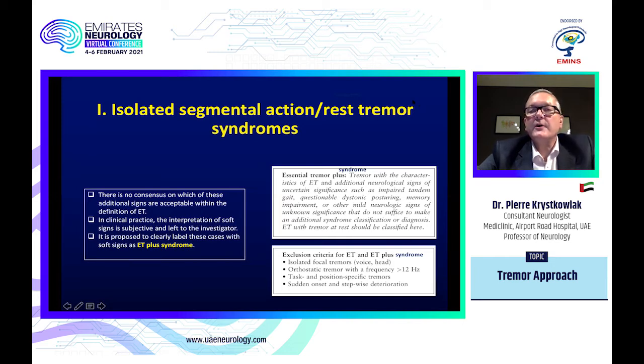So this is important. And here are the exclusion criteria for essential tremor and essential tremor plus syndromes: isolated focal tremors with voice and head, orthostatic tremor with a frequency above 12 hertz, task and position-specific tremors, and sudden onset and stepwise deterioration.